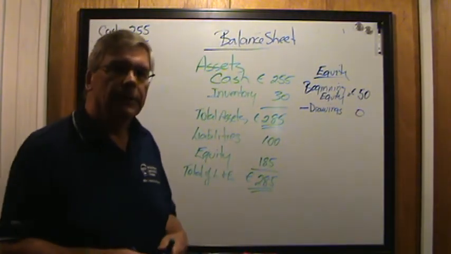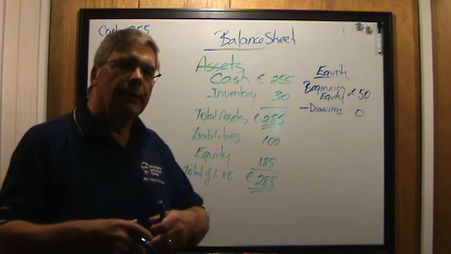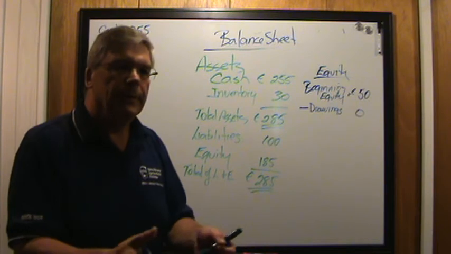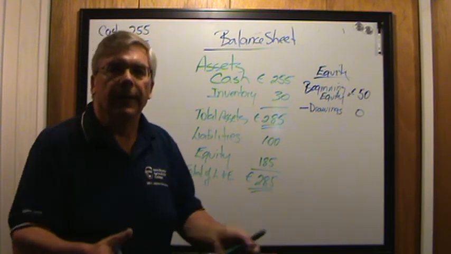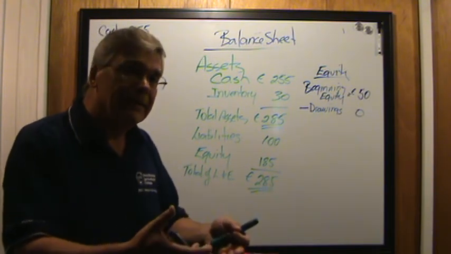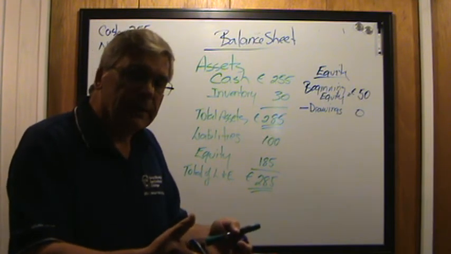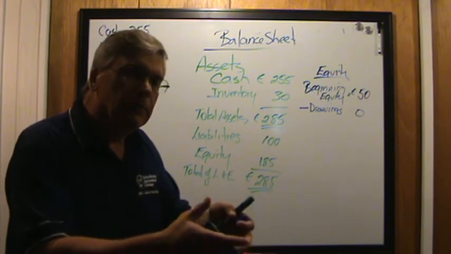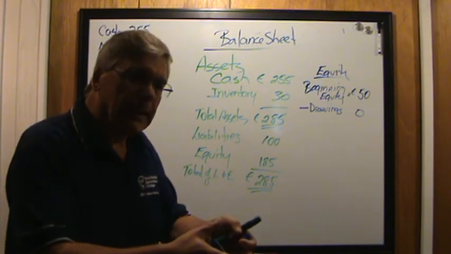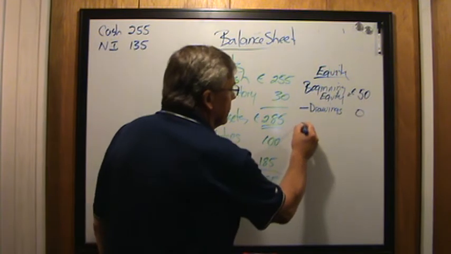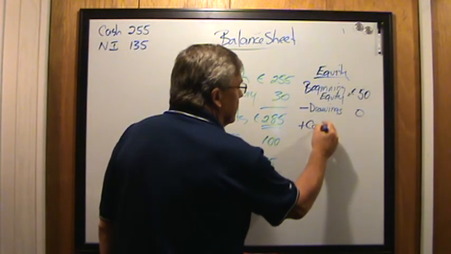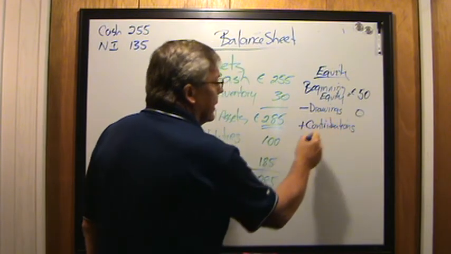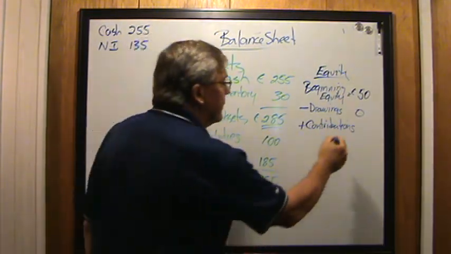The other thing that can happen is that the owners can put in additional money from their savings, or maybe they were given a gift from their parents or something, so they could add that to the equity directly. So whenever the owners contribute outside money to the business, that goes directly into equity, and it's called contributions. So you add that, contributions. In this case, that too is zero.